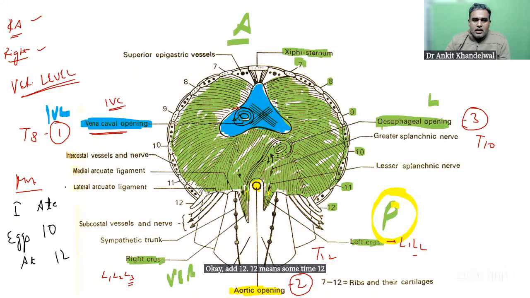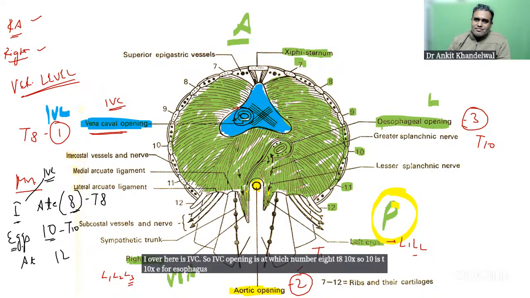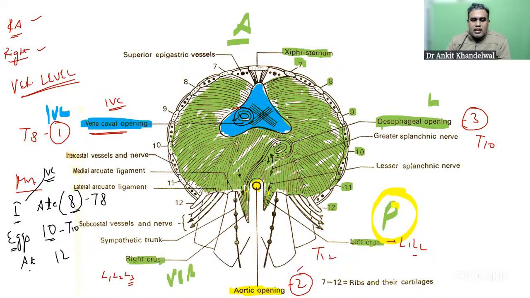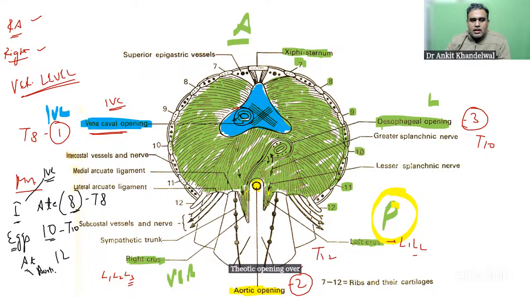So 8 is T8, and I is IVC. So the IVC opening is at T8. 10 is T10, E is for esophagus. At 12, A is the aortic opening, and 12 is the T12 level. So I ate 10 eggs at 12. You can remember it.